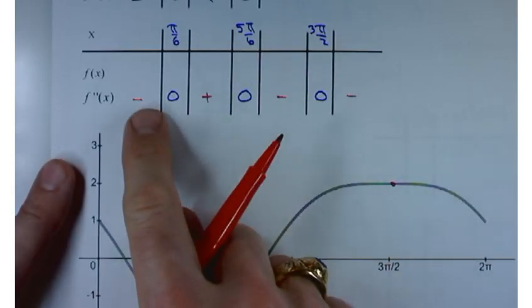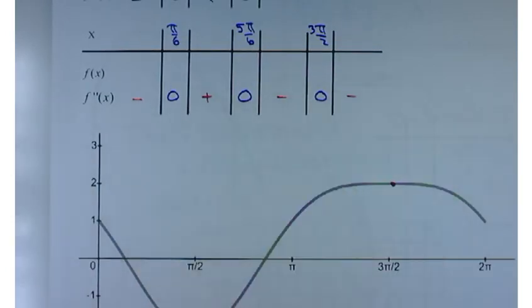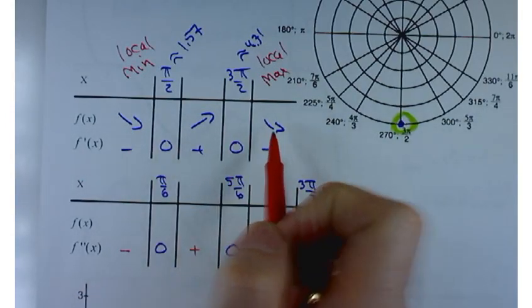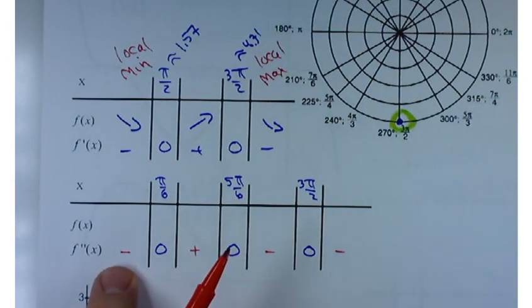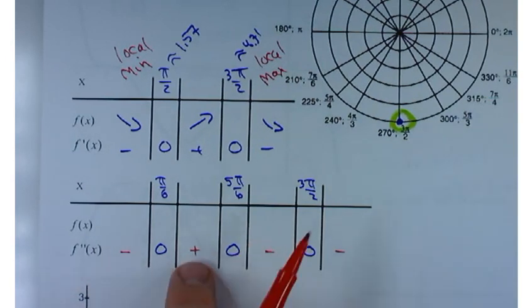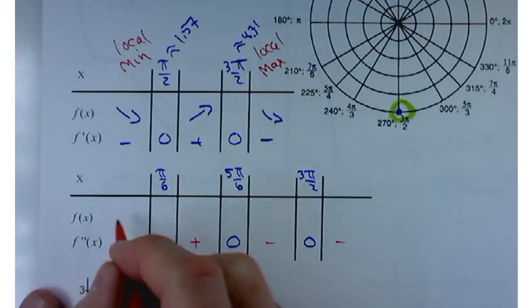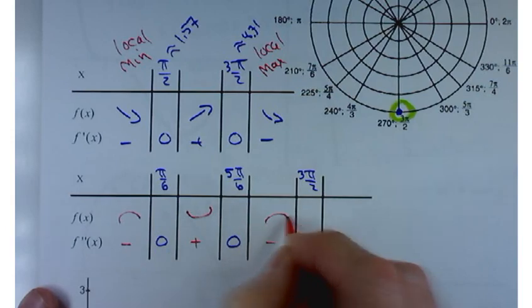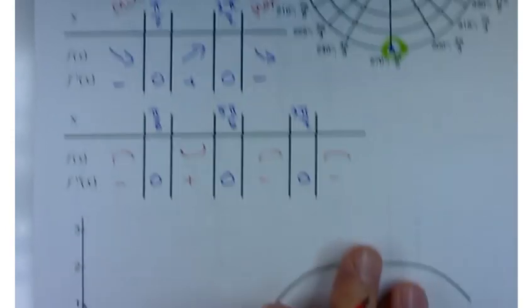So here's the sign of the second derivative. You tell me what that means here. Like we did here, this was decreasing, increasing, decreasing. What does it mean that the second derivative is negative, positive, negative, negative? Concave down, concave up, concave down, and concave down again.